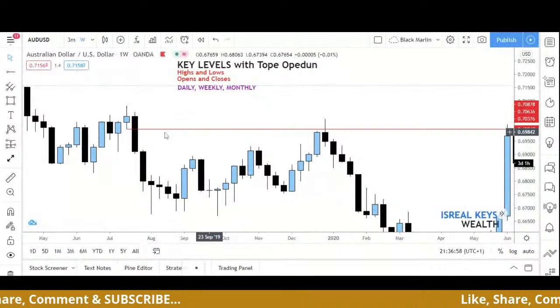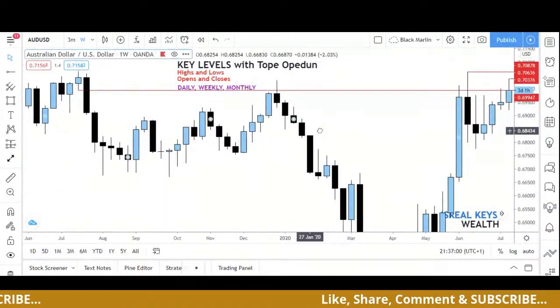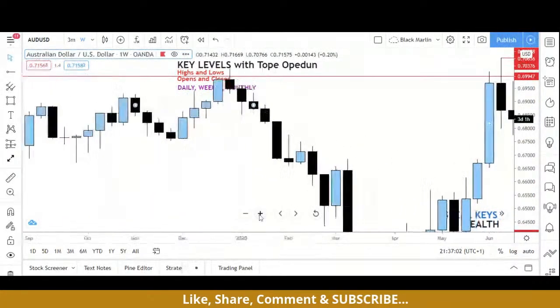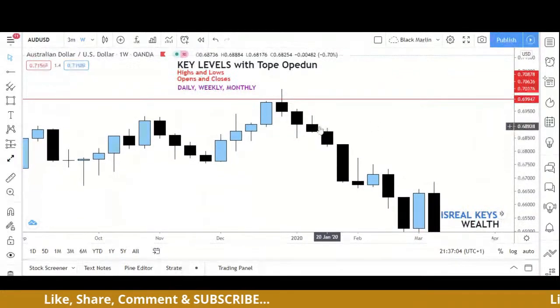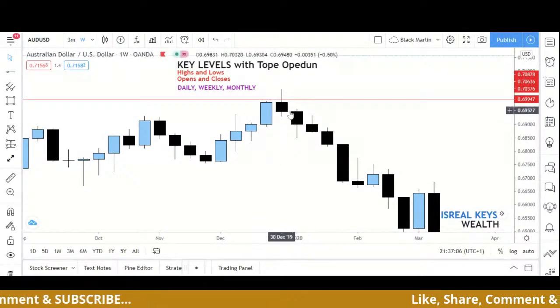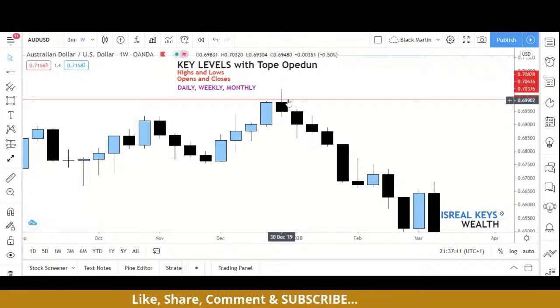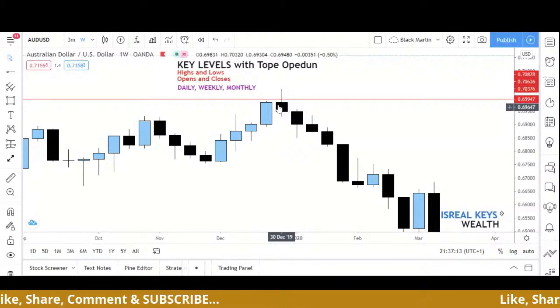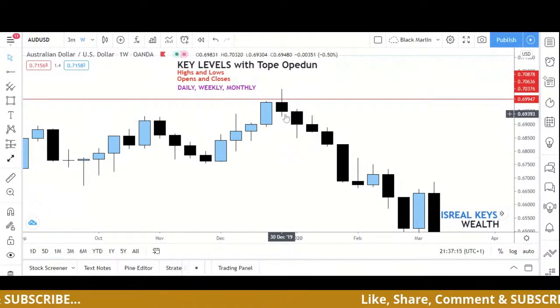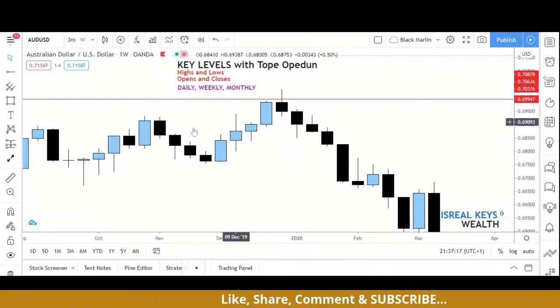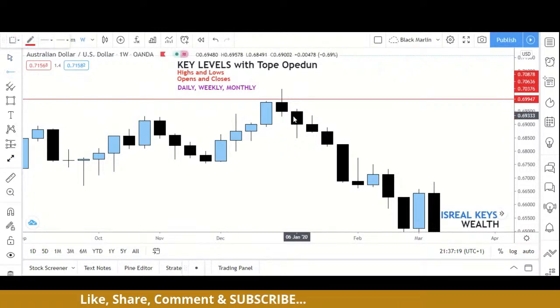Beautiful. I love a stop run into an order block, it always presents really, really good, strong trades. And then you can see price started dropping. And whilst this week closed, we could argue that we've not formed a significant key level yet. Okay, right? And then we wait.